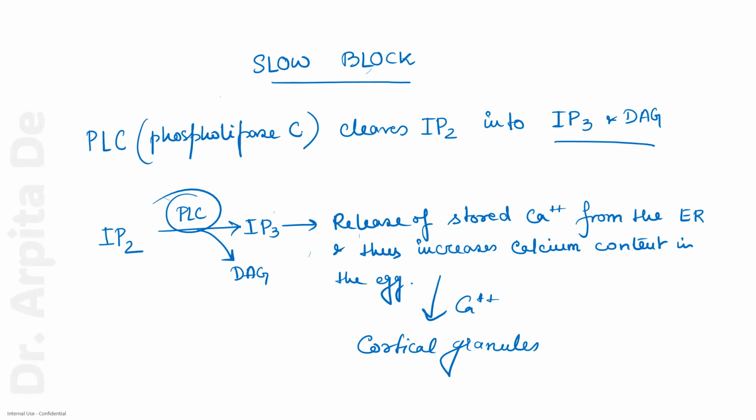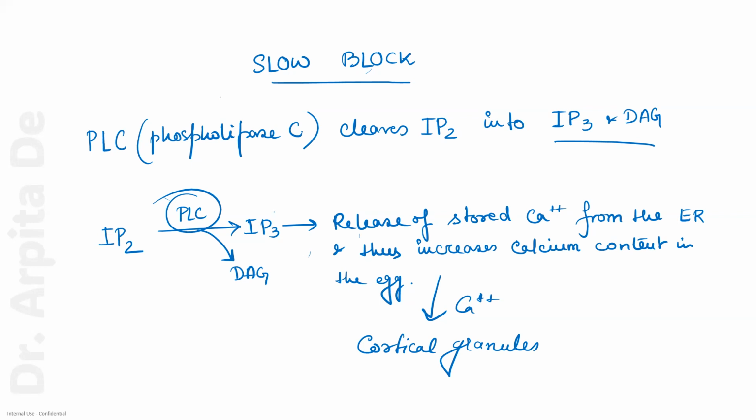So this entire change in the property of the egg surface causes the slow block to polyspermy.